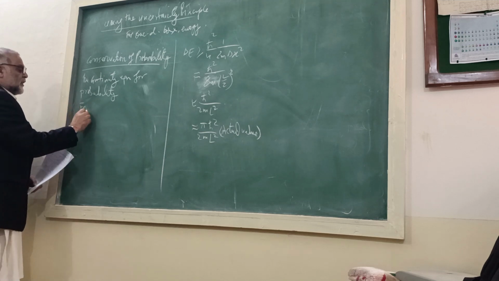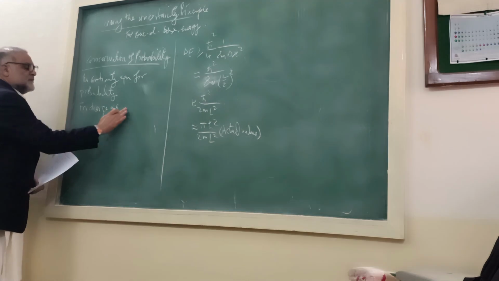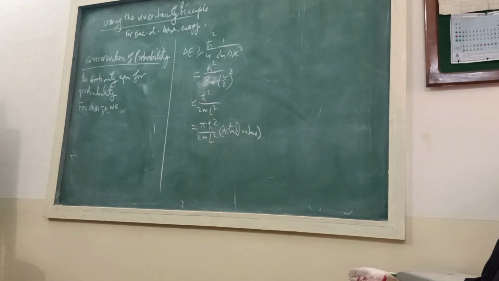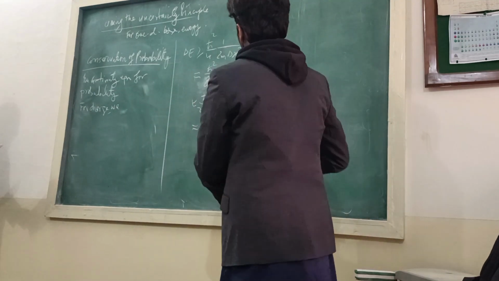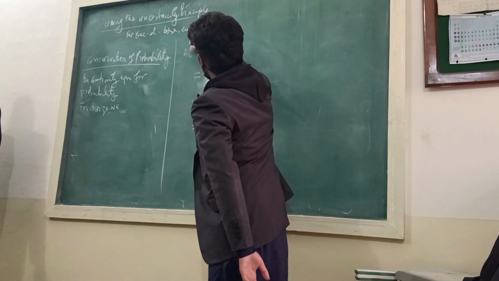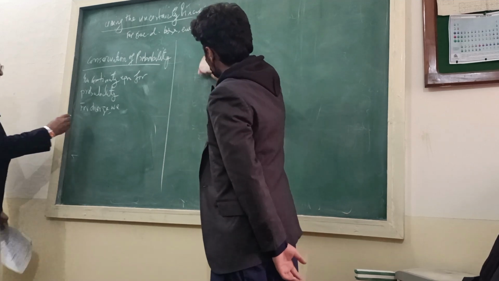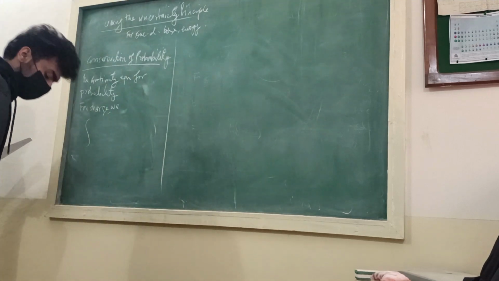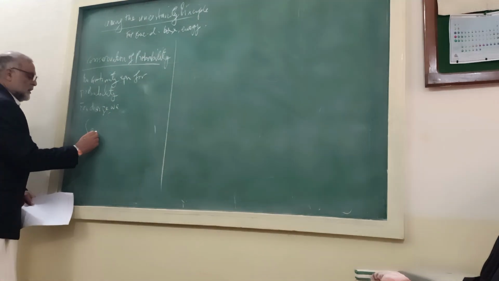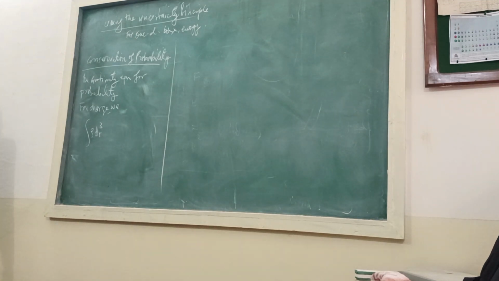For charge, we know, right? What do we know for electromagnetism? The charge density decreasing in a volume. So it is like this, the integral of rho dτ, which gives you the volume integral.